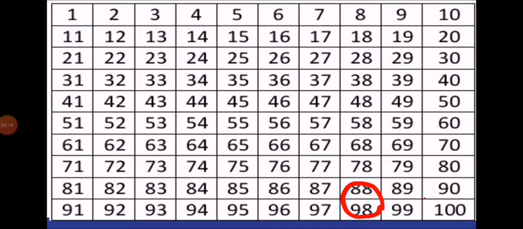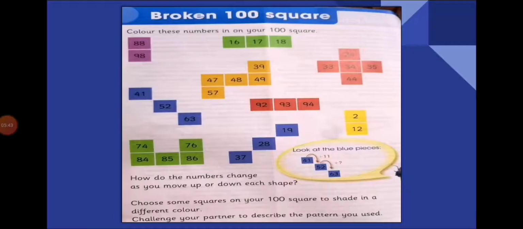If you look at this pattern, 88, then down one is 98. The pattern is moving downwards. And as you know, on the 100 square grid, when we move downward, we are adding 10 each time. Our number is increased by 10. So from 88 till 98, we have 10 numbers. So we will color this pattern in purple.